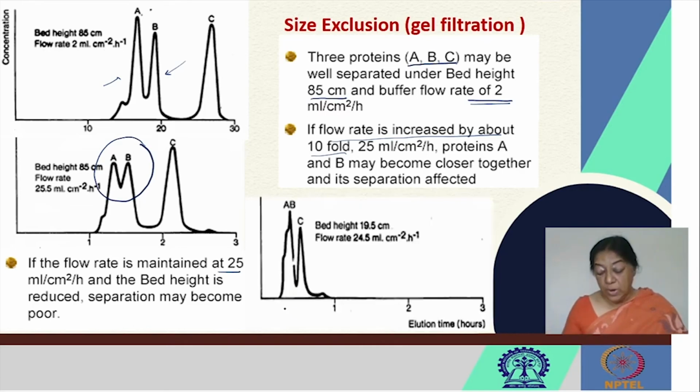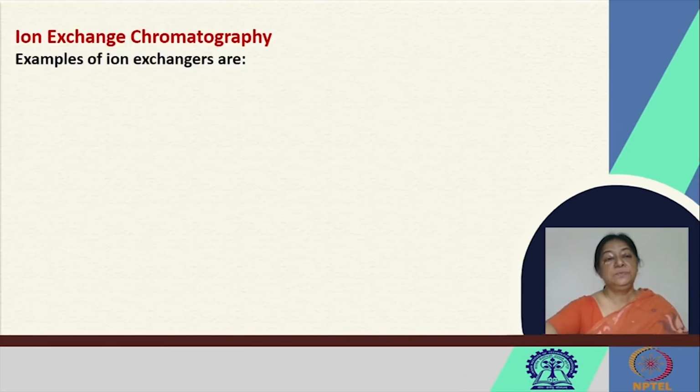And you can see there is a combination, or an elution together, of the two proteins that does not give us a good separation. So a combination of a good sized column and a good flow rate is going to give us the proper separation of our protein of interest.